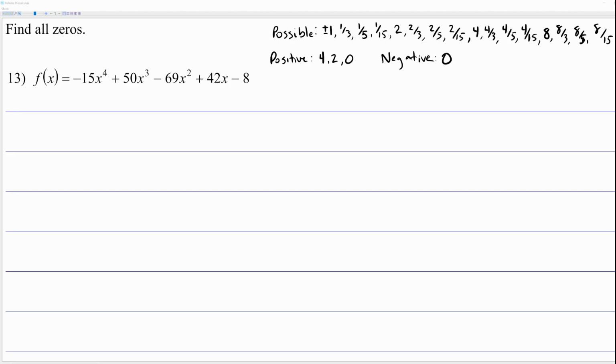So, let's set up our synthetic division table. I'm going to leave a little bit of space because I know of some commentary that's coming up. So let's see. To make our synthetic division table, we have negative 15x to the fourth plus 50x cubed minus 69x squared plus 42x minus 8.